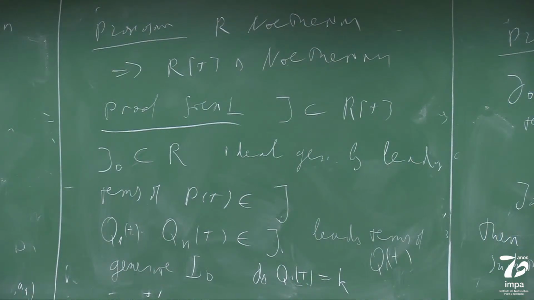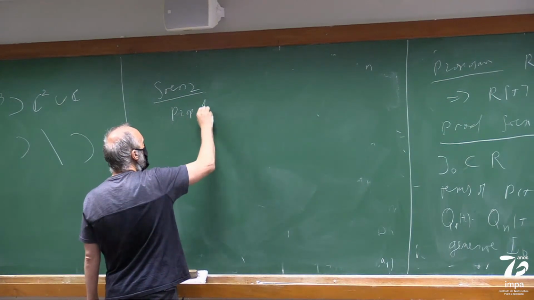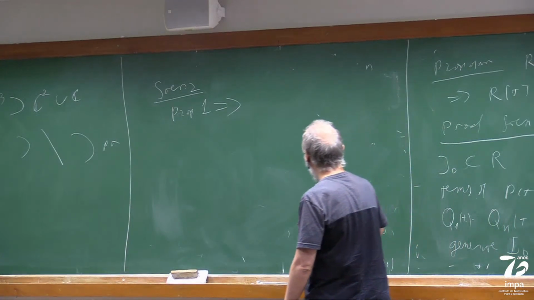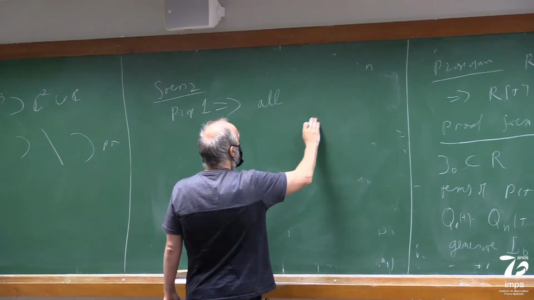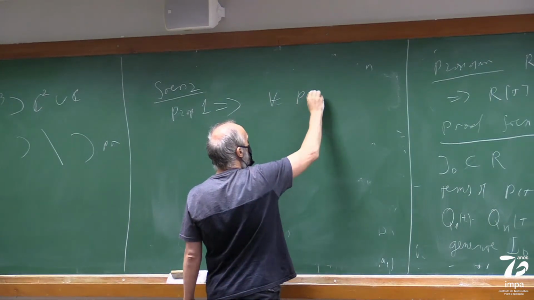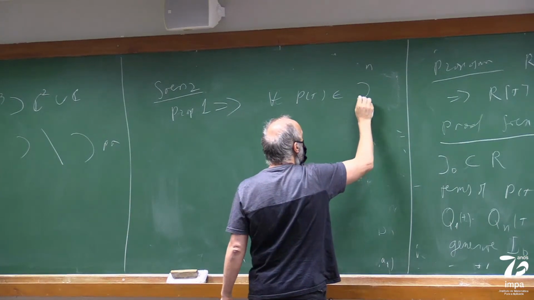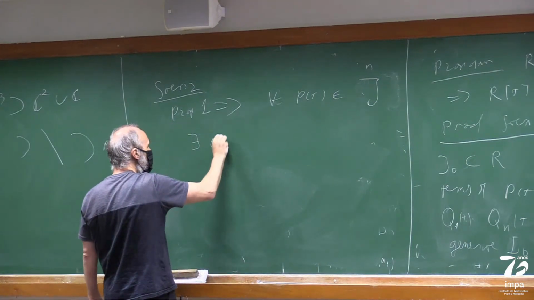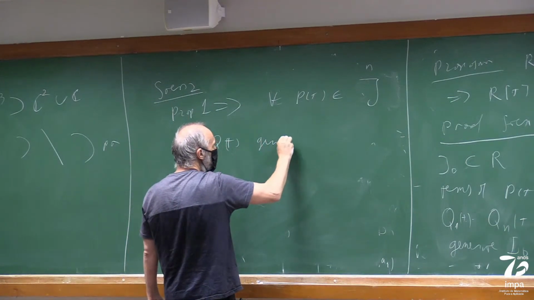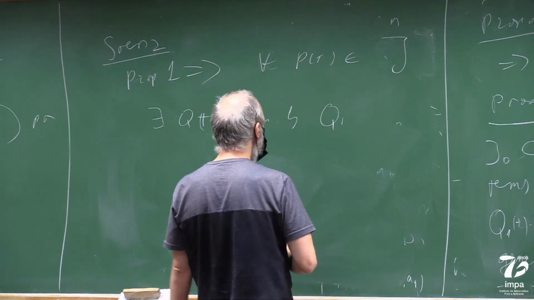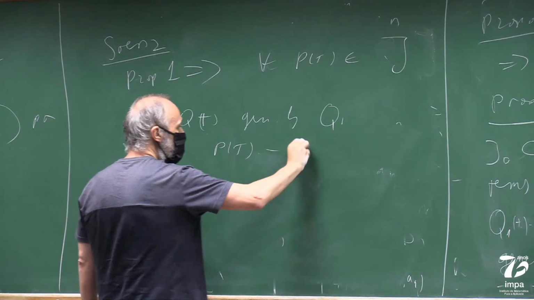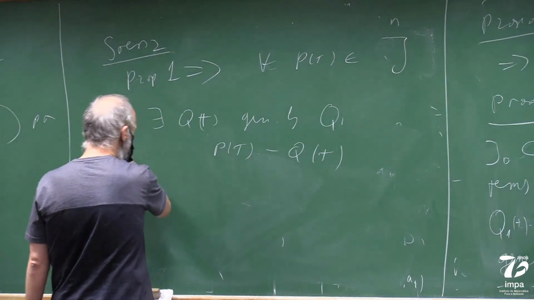So by step 2, we apply proposition 1, which implies that for each P(t) inside I, there exists Q(t) generated by the Q_i, such that P(t) minus Q(t) has degree smaller than k.